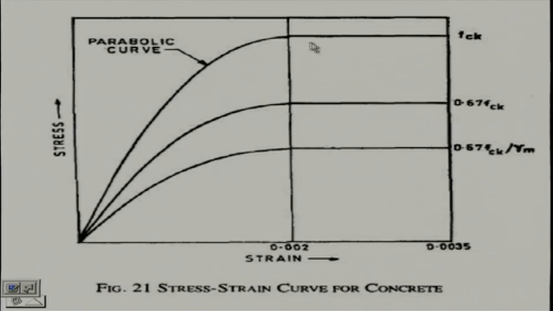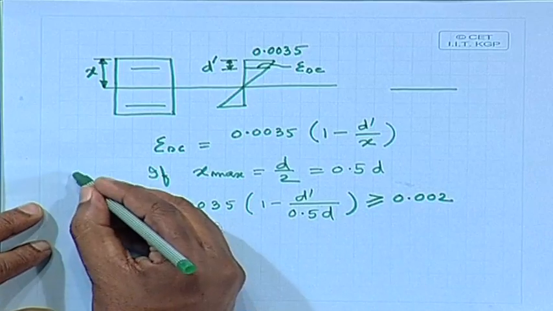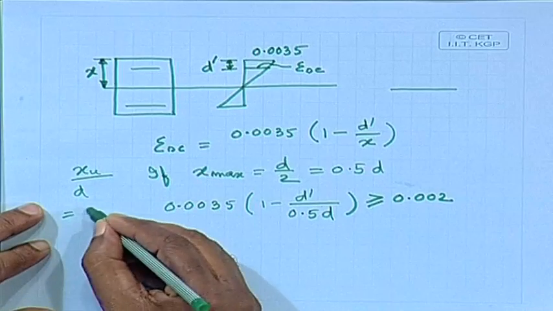Our objective here is the strain where we are providing the steel reinforcement at d dash. If the strain is greater than 0.002, what can we get? We can always get 0.45 FCK. We are assuming x max equal to d by 2; xu by d for Fe 415 we get 0.48.